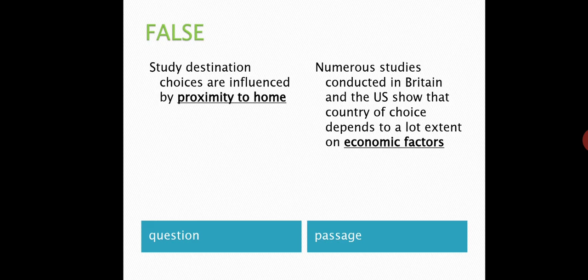There are some instances in which it could be the same, but there will be some differences which might go unnoticed. That is why your attentiveness level must be at its maximum. So, study destination choices are influenced by proximity to home.